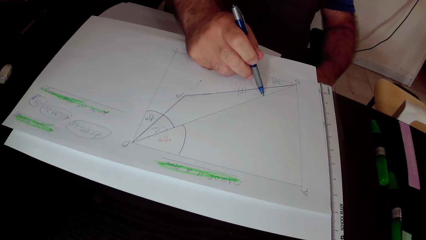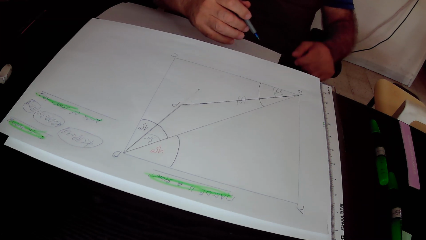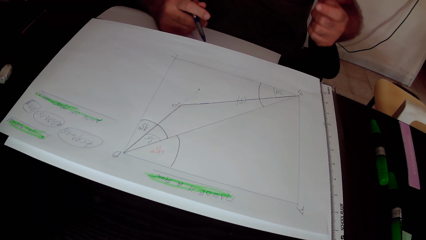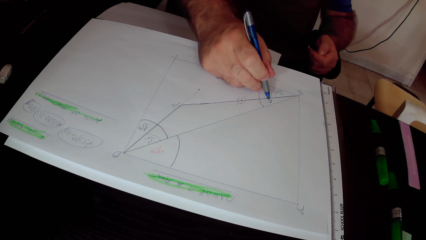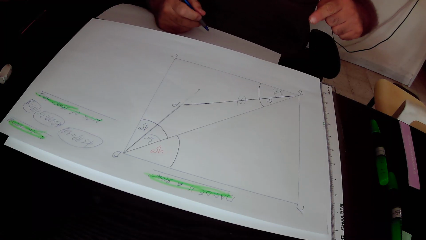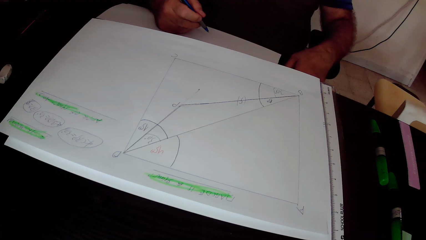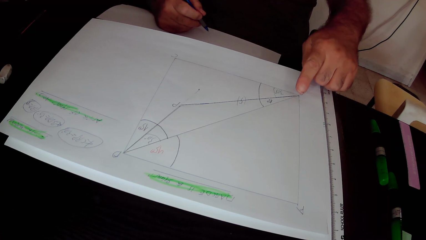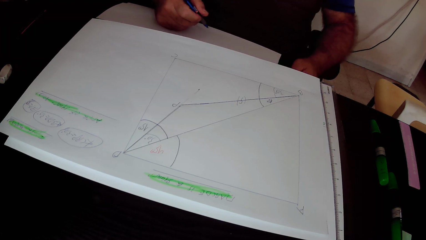So this is the first half, which equals 45 degrees in size. This angle equals 30 degrees, and therefore this missing angle must be equal to 15 degrees in order to complete the first half to 45 degrees. 30 degrees plus 15 degrees is 45 degrees. This is the second half of angle ABC, which equals 45 degrees in size.